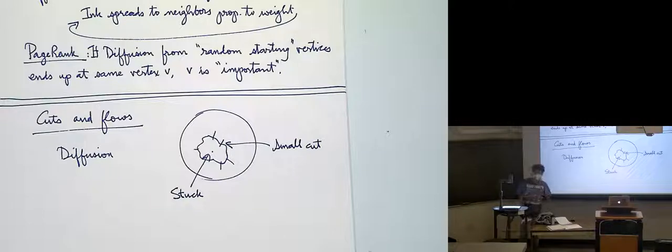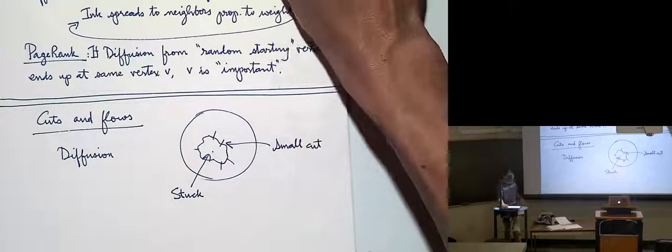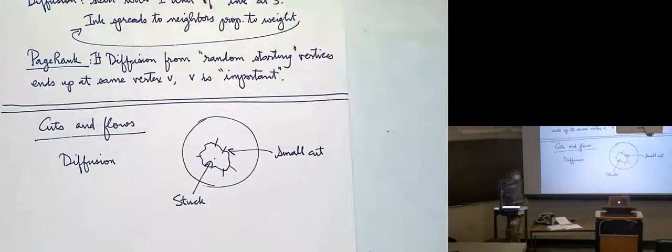Initially, these look like two very different problems. One is to cut, the other is to understand diffusion. And yet they're related. So one way in which this is actually done in practice: if you look at your common social networks, how do they recommend who you should follow or what content is relevant for you?